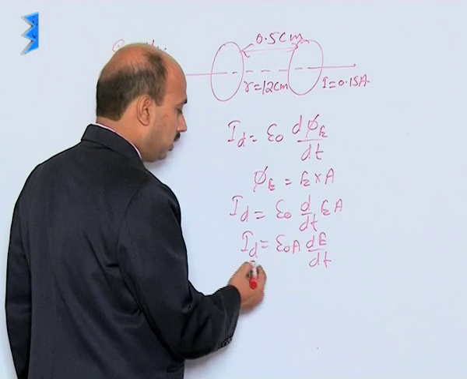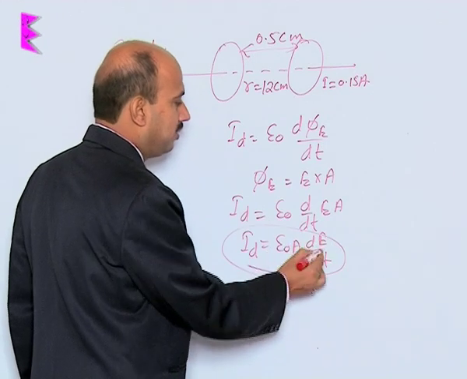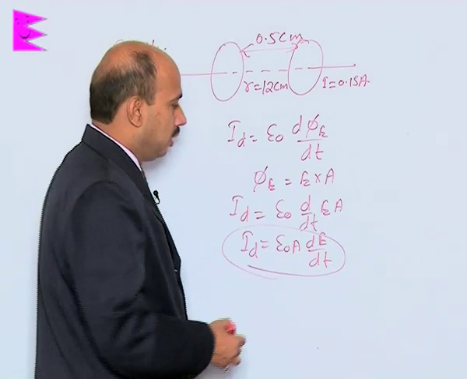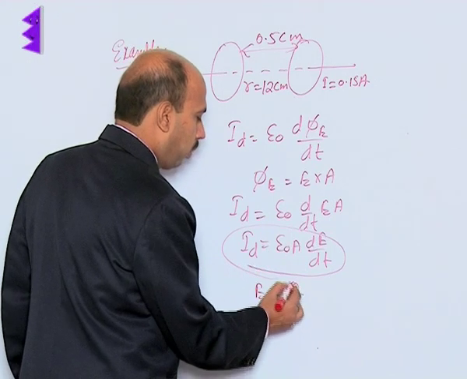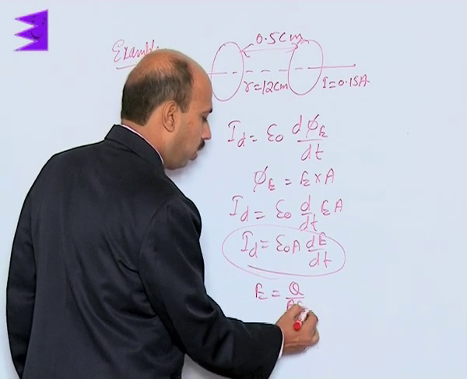Now, see what dE upon dt is here. We can write E is equal to Q upon A epsilon naught.